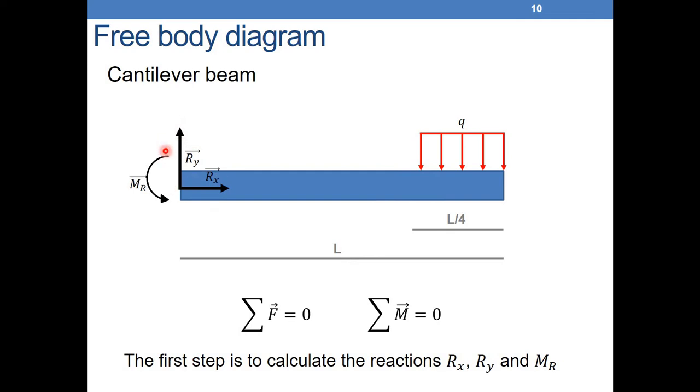And also a reaction force. Normally we have Rx and Ry, but we know here that Rx will be equal to 0 because there are no forces trying to pull or push the beam. So I don't have any reaction. The wall will not react. The wall will prevent motion in the vertical direction. So Ry will be equal to the force applied by Q, and Mr will be equal to the moment applied by Q. So let's find the Rx, Ry, and Mr.